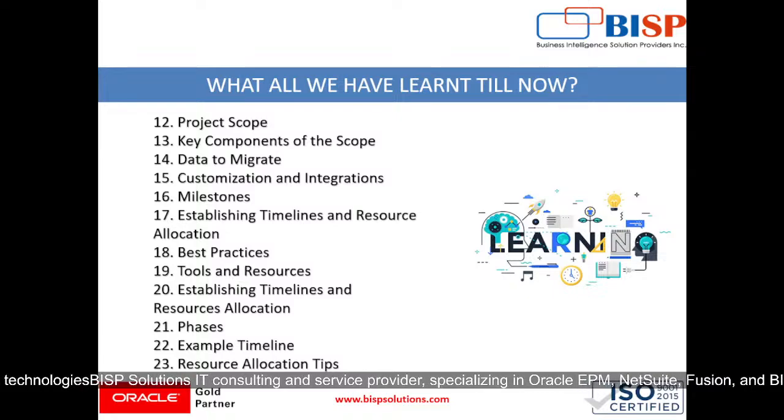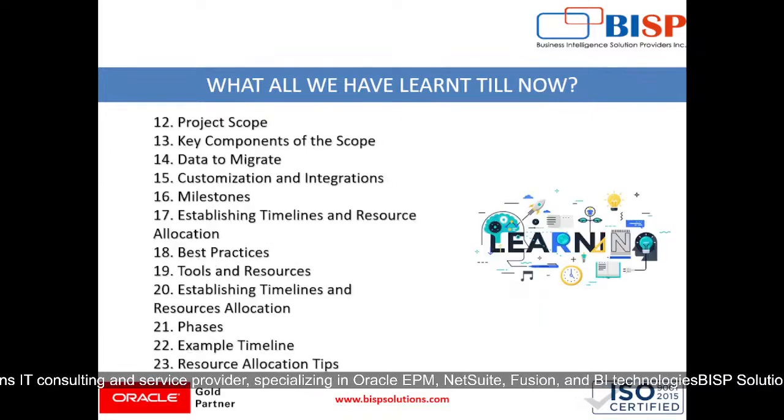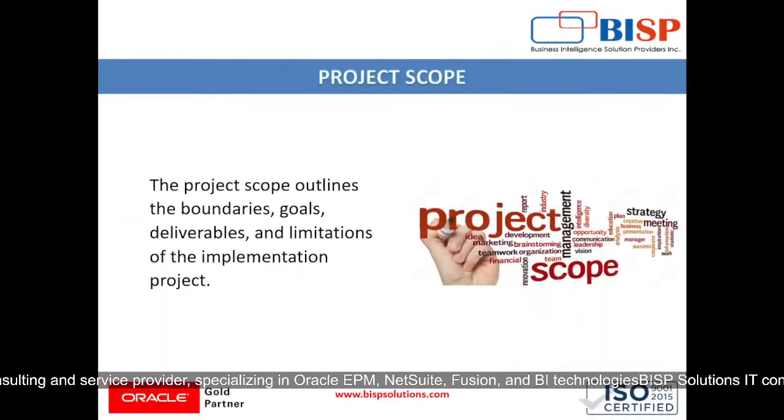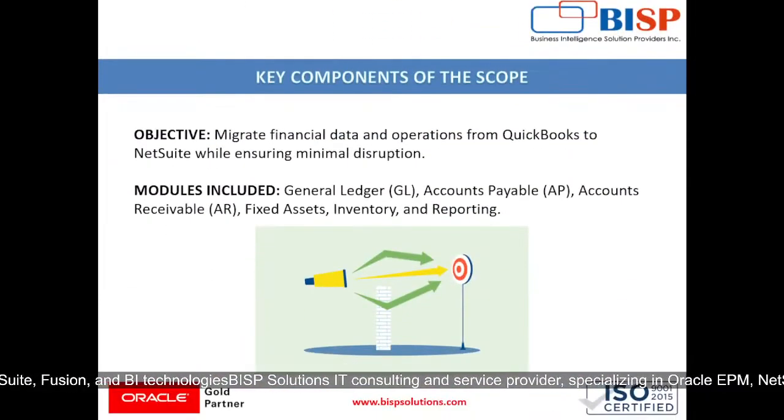So let's start with a brief of what we have covered in our previous sessions, starting with project scope. We have discussed that project scope is the outline of boundaries, goals, deliverables and limitations of the implementation project, which consists of the key components of the scope, where the objective is to migrate financial data and operations from QuickBooks to NetSuite while ensuring minimum disruptions.